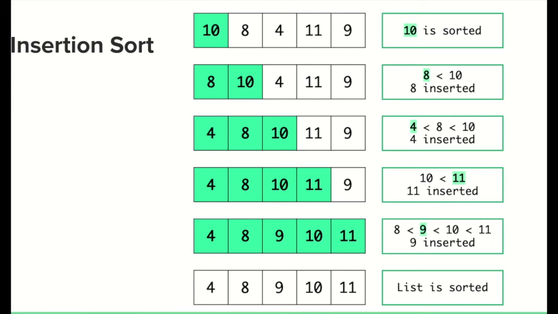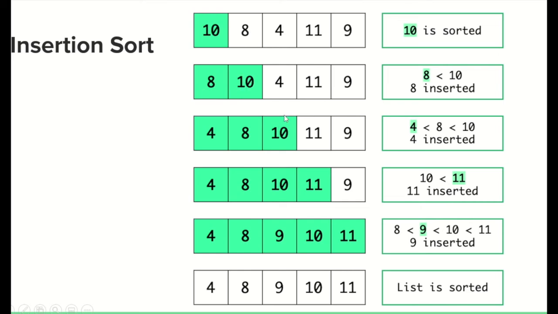So again, it's very helpful to try and visualize any sorting algorithm before you try and code it or understand it. So we start by assuming the first thing on our list is already sorted. Then we move to the next thing in our list and say, where is the correct position to insert that into our sorted list? So 8 needs to be inserted before 10, and that's what we do.